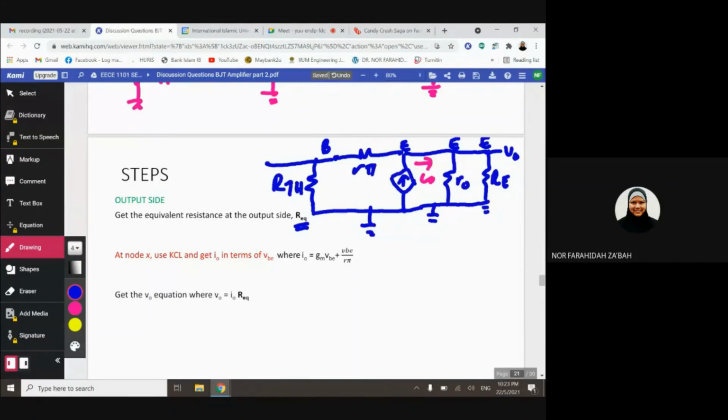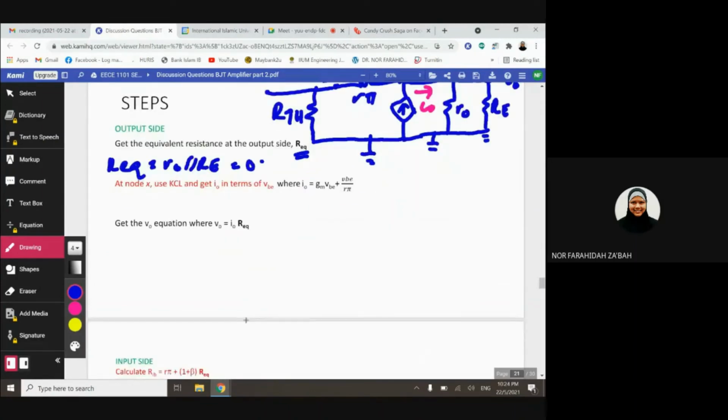So R equivalent is equivalent to R naught parallel with RE. So what will you get? You should get 0.99 kilo ohm.